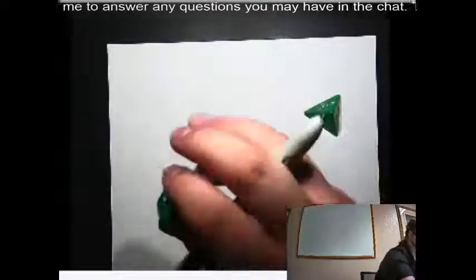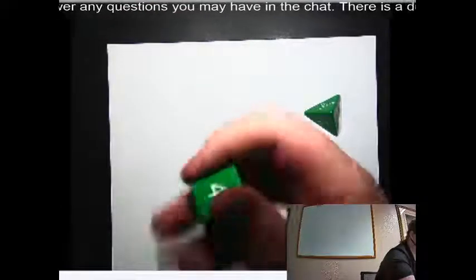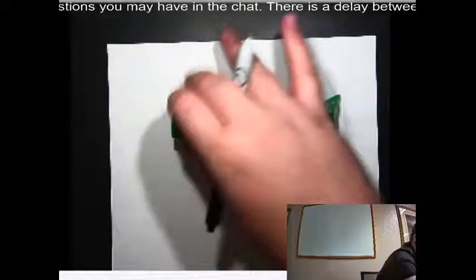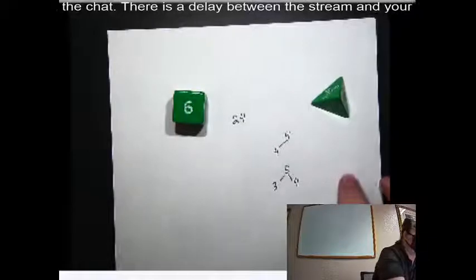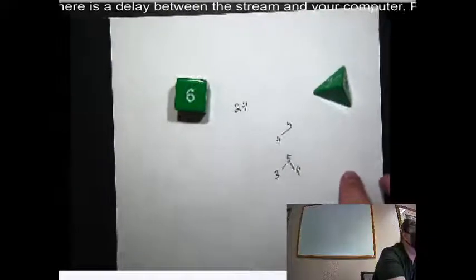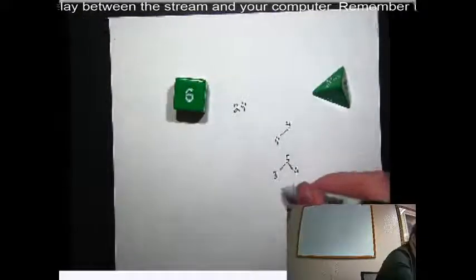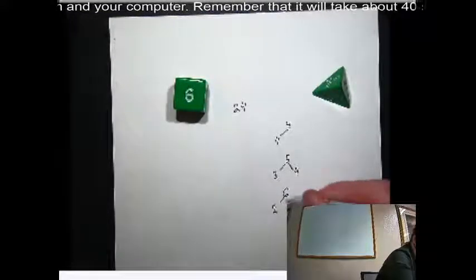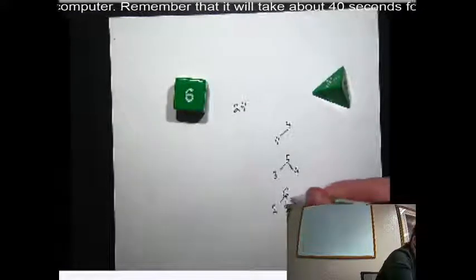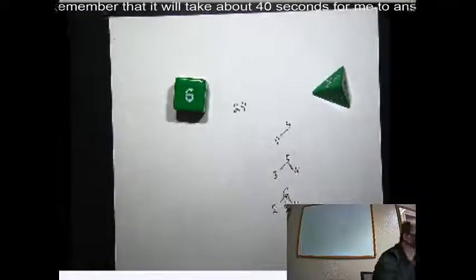Okay, so what if I roll a 6 on this die? Find the 6 real quick. What could I roll on this to make it work? 2 or greater. Good. You're getting it. So I could roll a 2, a 3, or a 4.